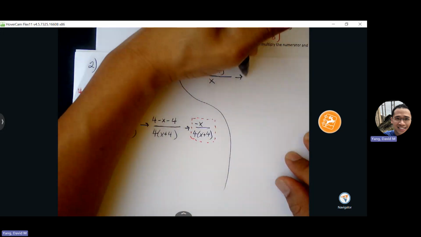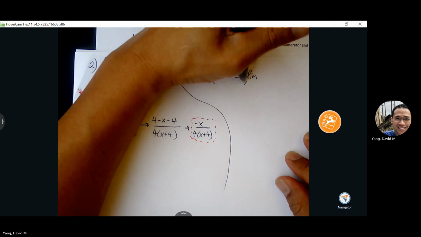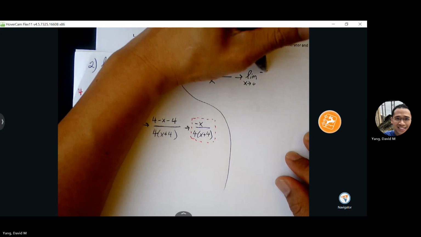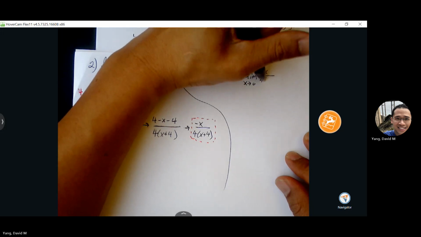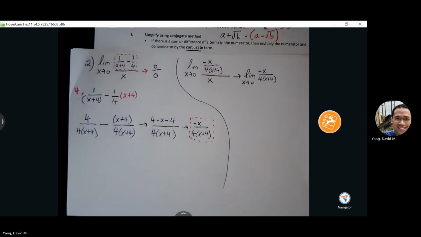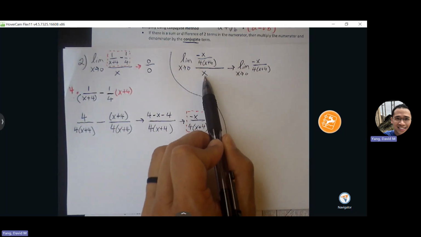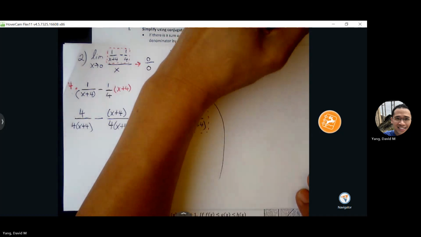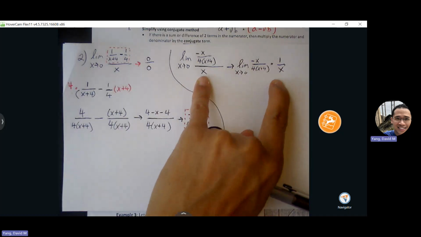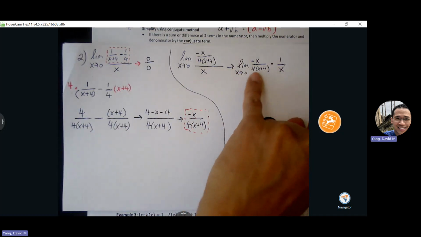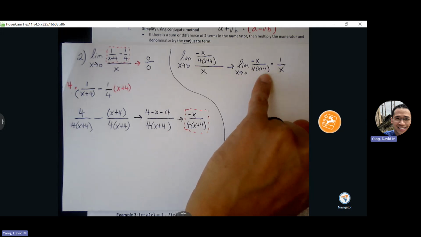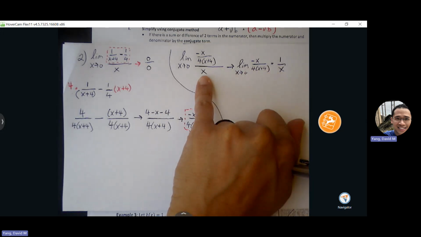So again, dividing by x is the same thing as multiplying by 1 over x. These are the same things. It's a lot easier to see the relationship between the variables, where this feels a little bit more complicated.